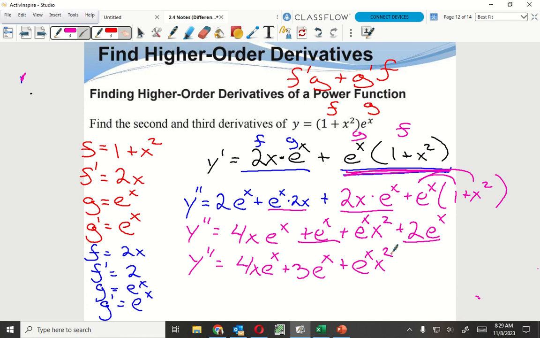If I plug in my x value into my first derivative, that would give me my velocity. If I want to consider it another way, like miles per hour, the absolute value of velocity is your speed. It's how fast you're really going. Absolute value, because if you have a negative velocity, what does that mean? Very good, perfect. You're going a different direction. You're going backwards. Positive velocity, you're still going forward.